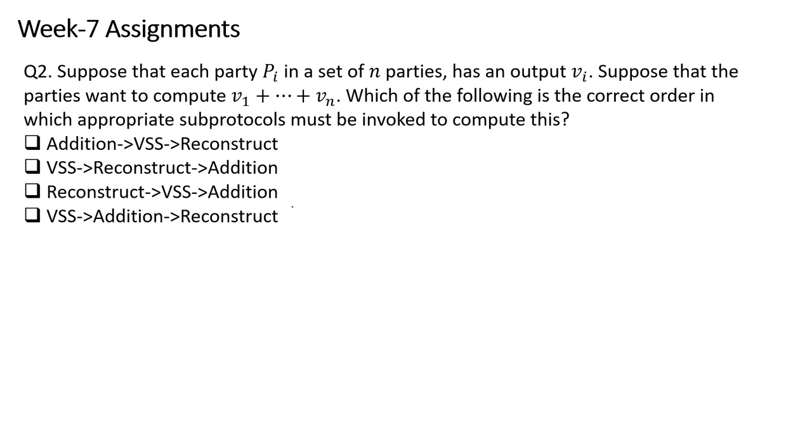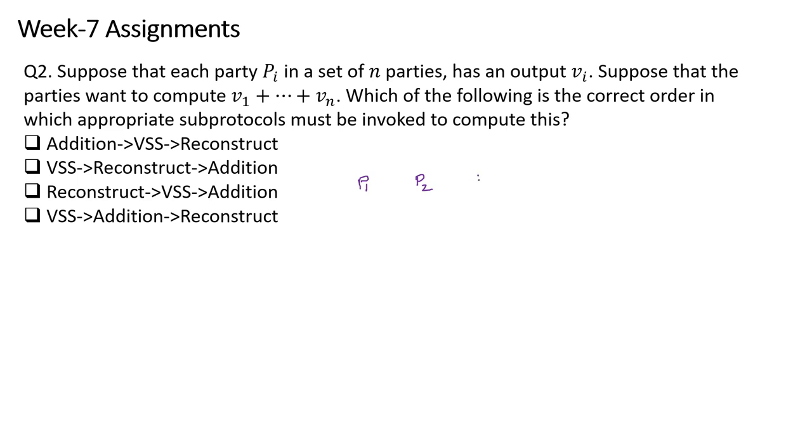Right? So clearly that indicates that first all the individual inputs, so if xi is the input of Pi, first each Pi will be secret shared among all the n parties. So VSS is the first step, and then each party will do some partial computation taking into account only the individual shares.